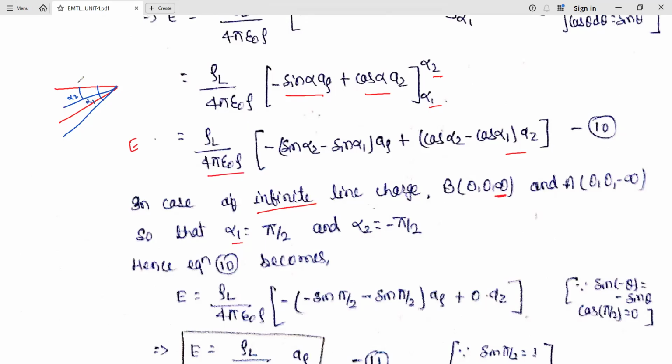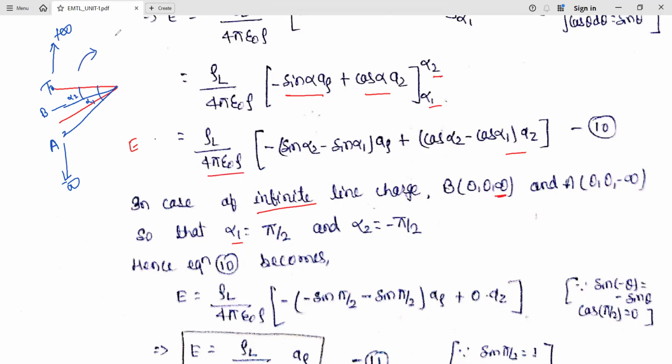Now this point B is going towards positive infinity. This is the point P here. B is here, this is the T, and this one is the A. So A is going towards minus infinity and B is going towards positive infinity. So here this alpha 2 is going to change anti-clockwise.